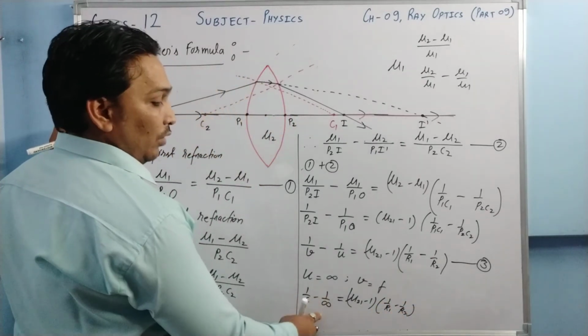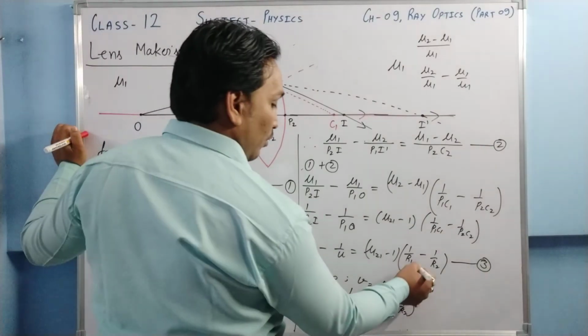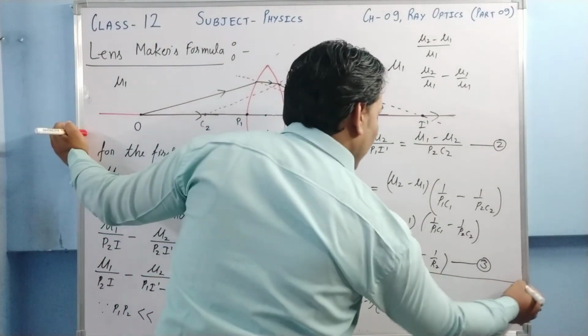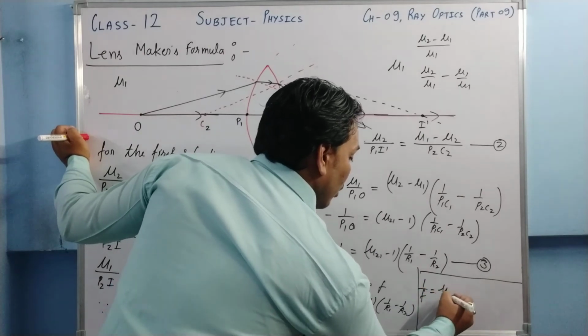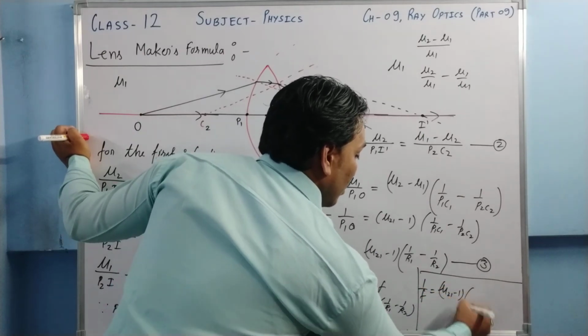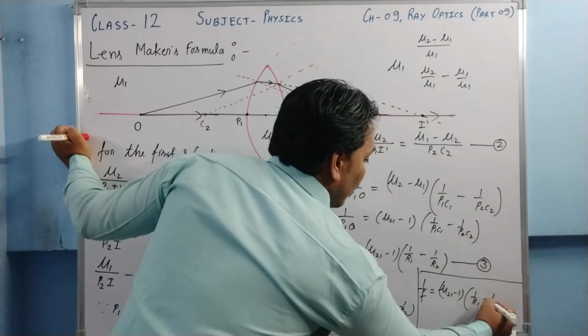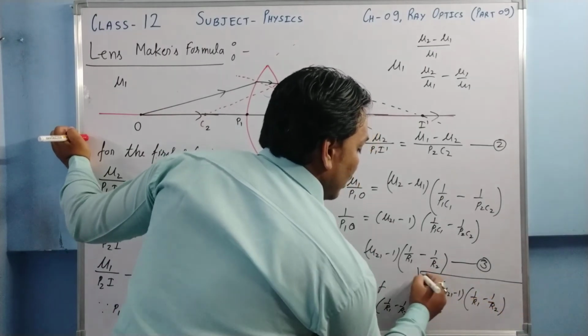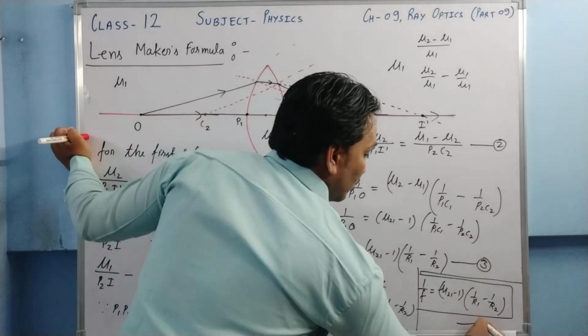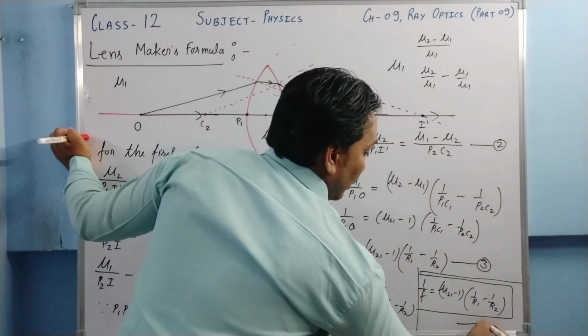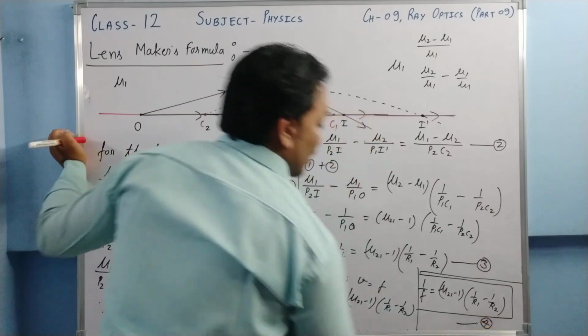So 1 upon infinity becomes 0, and we are going to have 1 upon f is equal to mu 21 minus 1, 1 upon r1 minus 1 upon r2. This last equation, equation number 4, is called lens maker's formula.